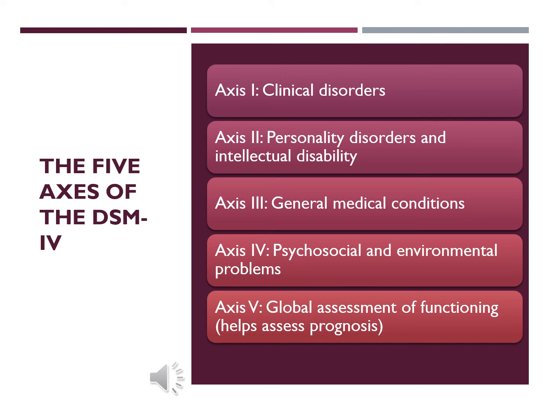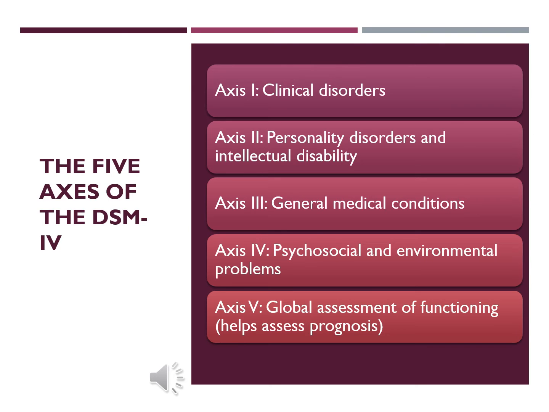Axis 3 would be general medical conditions, any kind of health issues that the person has, if they've had a heart attack, if they have kidney problems, if they have diabetes, if they have asthma. Psychosocial and environmental problems fall underneath axis 4. If the person's working or not, if they've recently lost their job, if they're separated from their spouse.